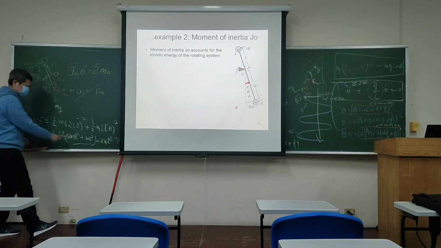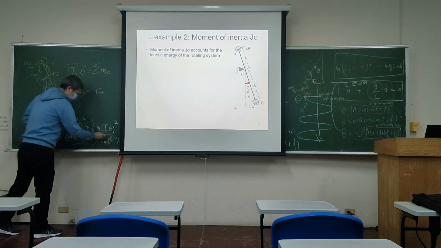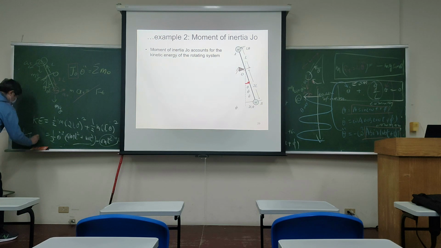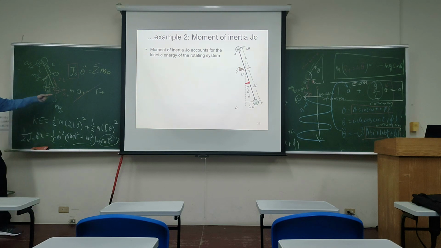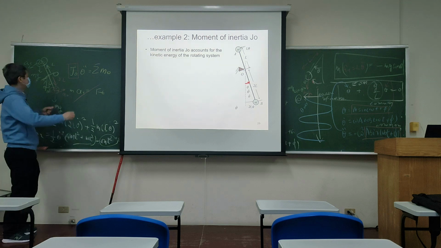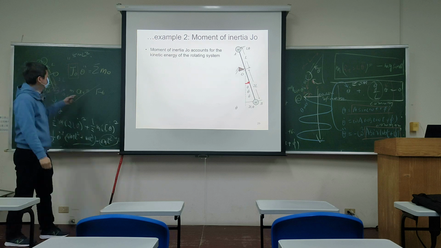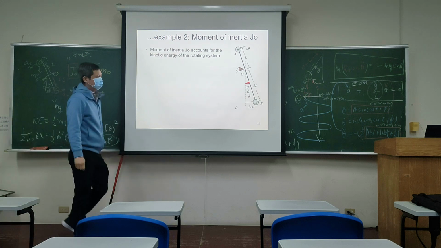So half J naught theta dot squared is then your kinetic energy. So in this case, your J naught is 5 times ml squared. And what about the moment?